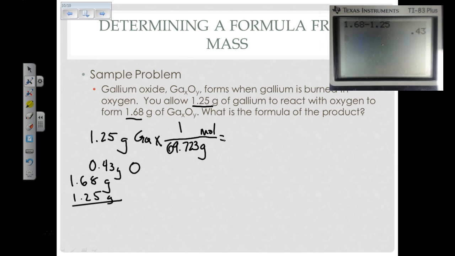So I'm going to do that math, 1.25 divided by 69.723. Because remember, in the lab, we can measure grams, but the formula on paper is always in moles. So we have to make sure we can interconvert between grams and moles. And so that's why this step comes in handy.